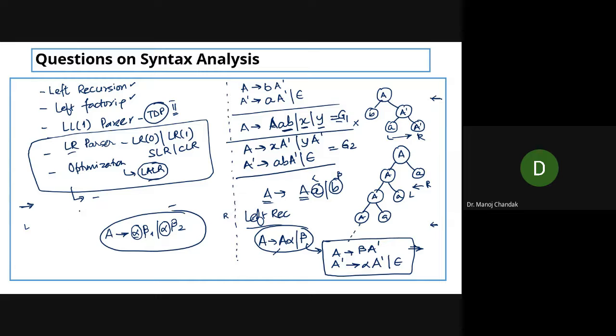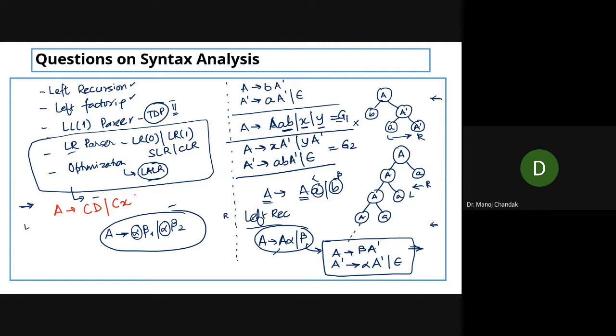Similarly, if you say left factoring, let me change the ink so that you will be able to see the difference. If I write A tends to, alpha is there. Let us take some rule wherein there is a problem of the same common symbol. So A tends to CD. A tends to capital CX.